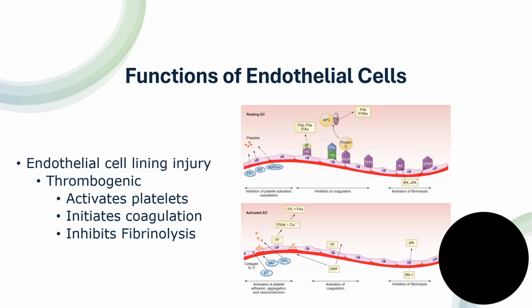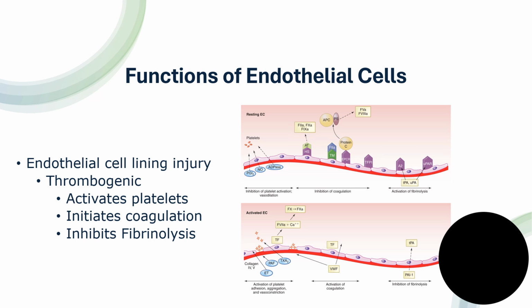During vascular injury, the endothelial cells have specific functions that trigger platelet activation, vasoconstriction, and coagulation, but also inhibit fibrinolysis. The exposure of subendothelial collagen and tissue factor is what activates platelets, which adhere to von Willebrand factor and release signals to recruit more platelets.